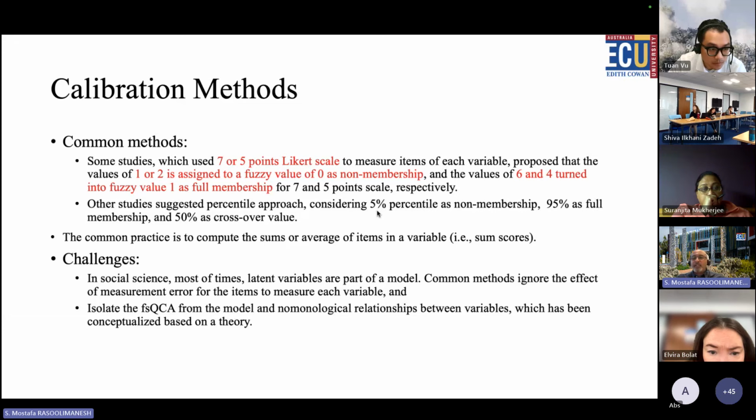These are two common methods that have been applied in the literature to calibrate original data to fuzzy values.